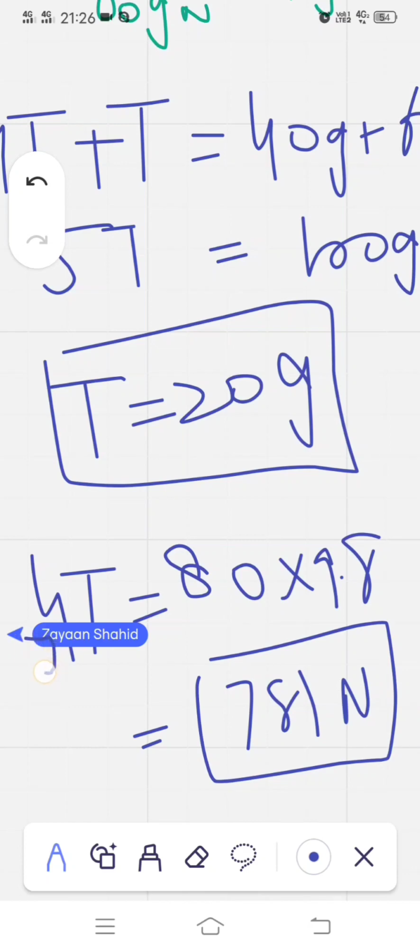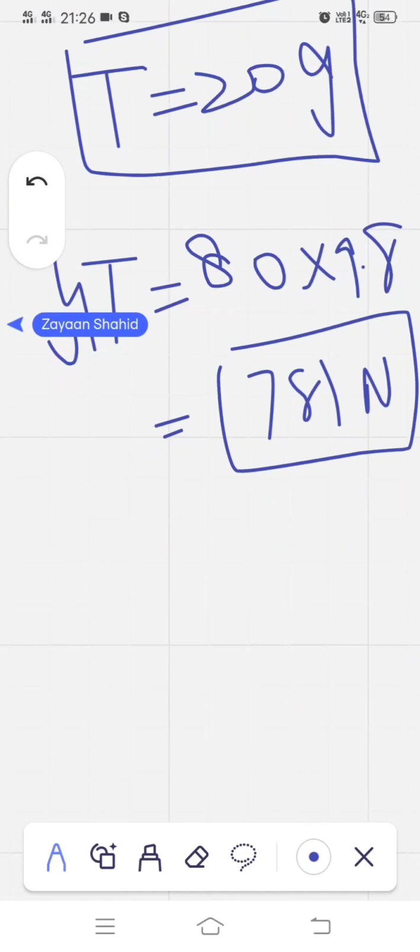To find the unknown distance, we can resolve the moments about some specific point.